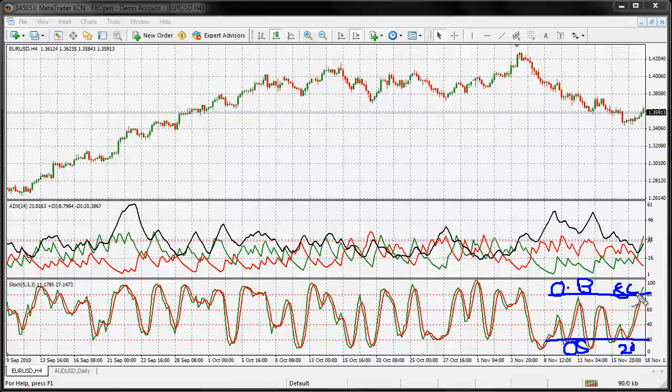Okay, now you can also sell off the 80 level and buy off the 20 level, but it's not really recommended. You need to find a midway point or a medium point where the trade has actually gone in a significant direction one way or the other. So for instance, here we're on the 20 line, so the 20 line is an oversold area and we're looking for buy opportunities, and for overbought areas we're looking for sell opportunities.